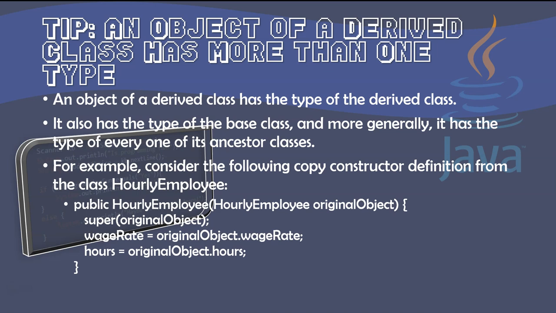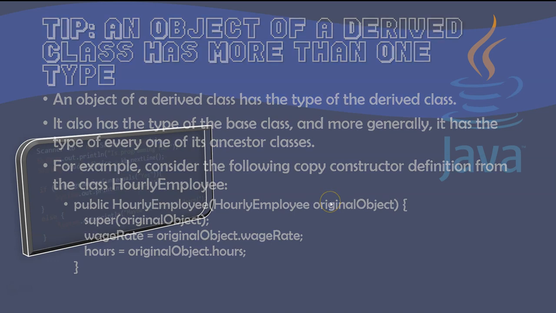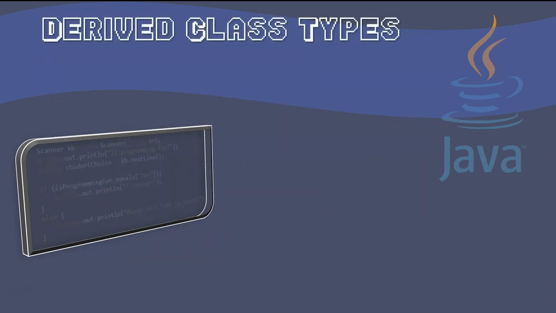Now, if we look at the copy constructor definition from HourlyEmployee, we have HourlyEmployee, Employee originalObject, super(originalObject), and so on. You'll notice we are passing in the HourlyEmployee as the object here. And that gives us the question, well, what about these derived class types?